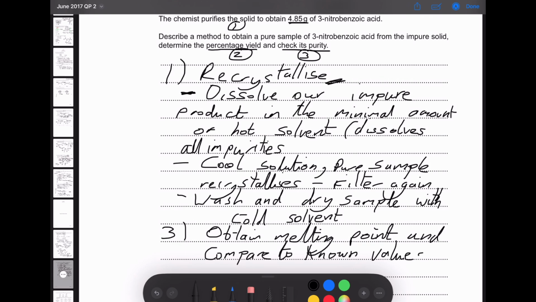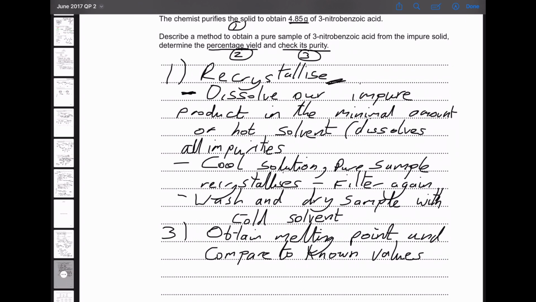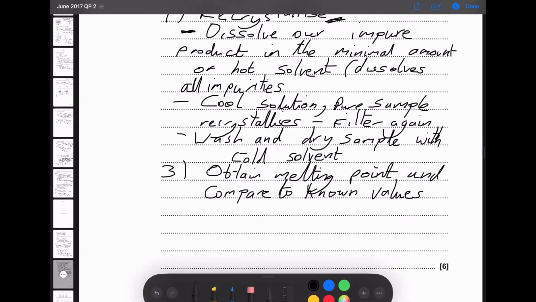And then just for any extra marks we can get our hands on, if it's impure, the melting point will be broad and slightly lower than expected.